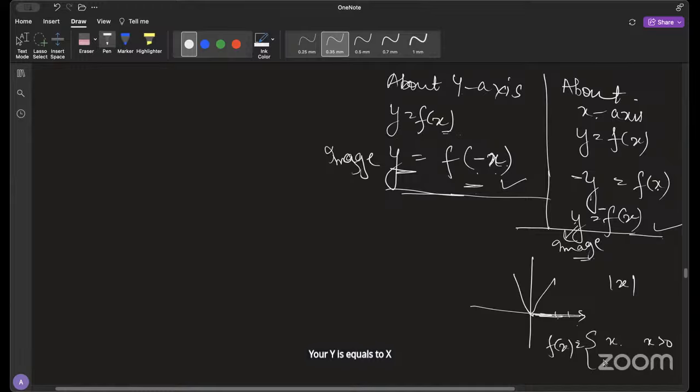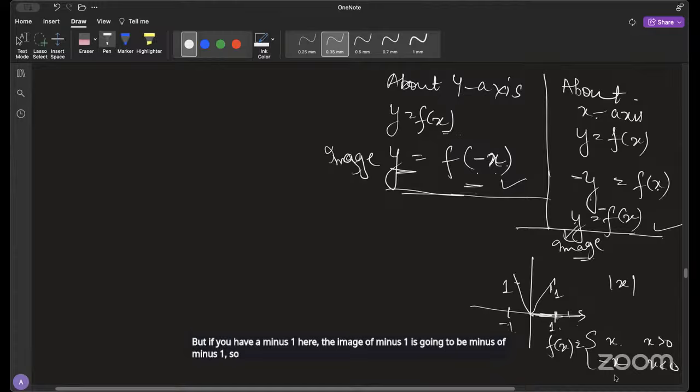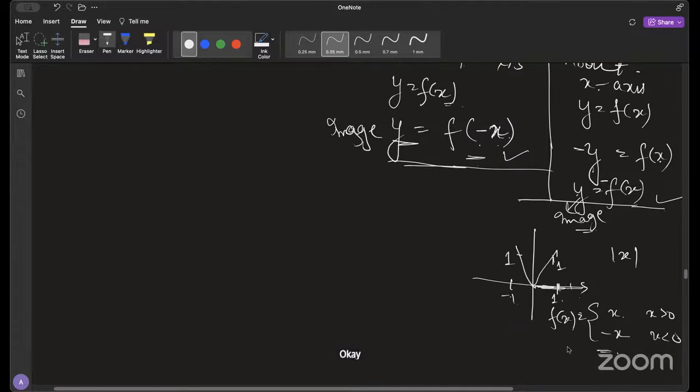And for the negative x-axis, y equals minus x. So the image of 1 is going to be 1. But if you have minus 1, the image of minus 1 is going to be minus of minus 1, so that's also 1. That's how we write it. We can discuss this function in later weeks.